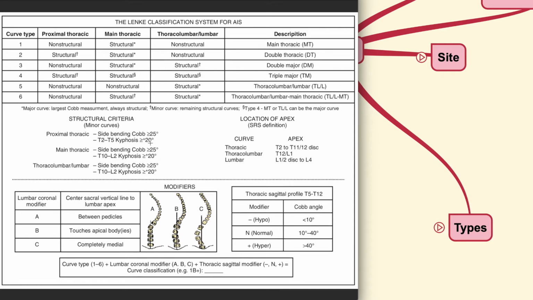Sometimes you can find a minor curve being so small, but when you take a lateral radiograph of that minor curve, you find it to have a huge kyphosis. When you find a kyphosis of over 20 degrees, then you can still count it as a minor curve.